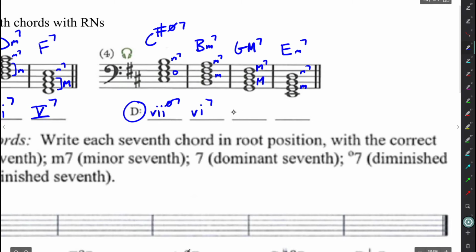Next, G is the 4th scale degree in the key of D, so I'll have a major 7 next to the major 4. And then finally, E is the second scale degree. It's minor, so I'll use a lowercase 2, 7.